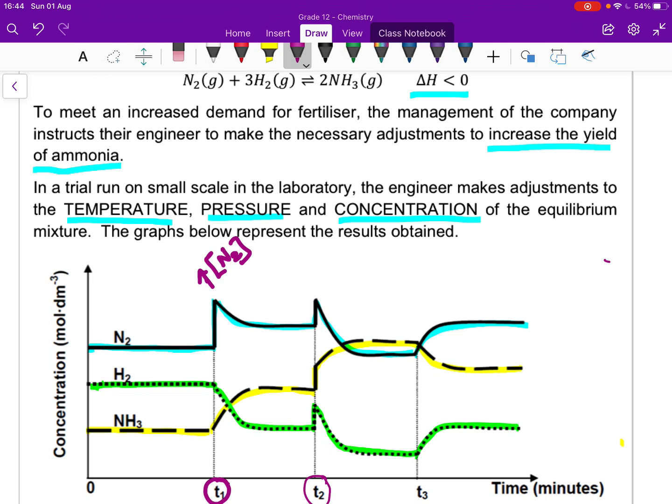So now my option is pressure, and I've got 4 particles on the left, 2 on the right, which means whatever I did at T2, I favored the forward reaction because I made more NH3. That tells me that I must have increased the pressure. I've increased the concentration of everything because I made the volume smaller. By increasing the pressure, though, I did favor the forward reaction.